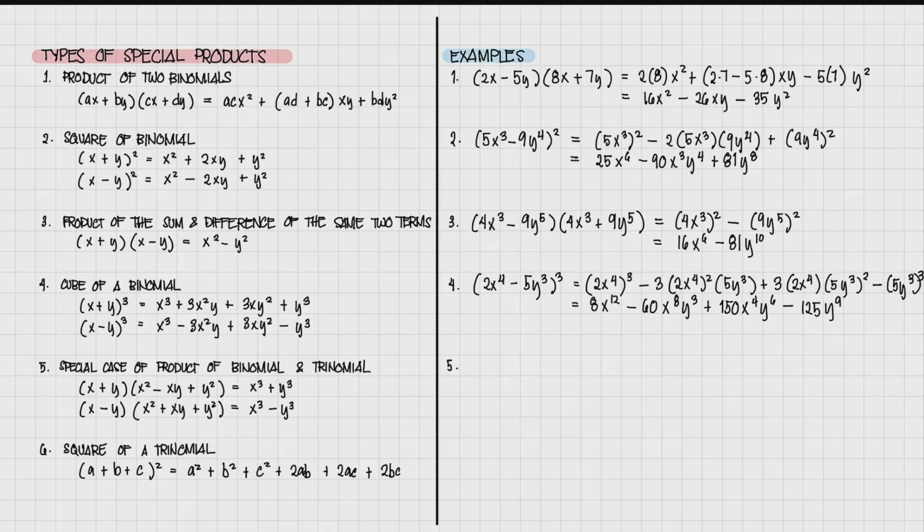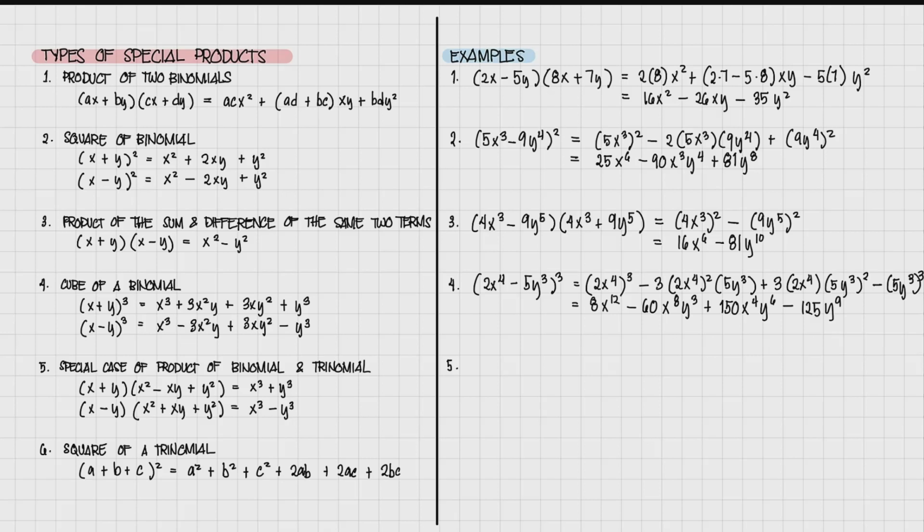So for number 5, let's try 5x minus 3y times 25x squared plus, let's use something a bit more challenging.